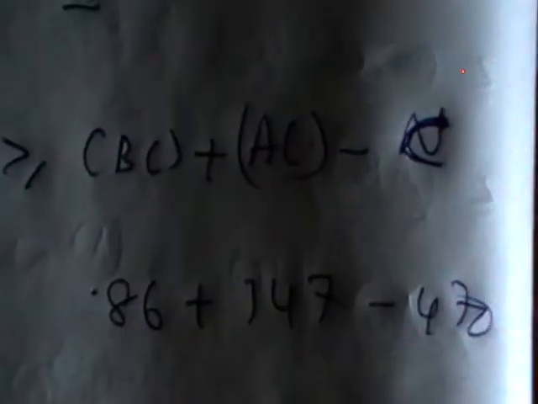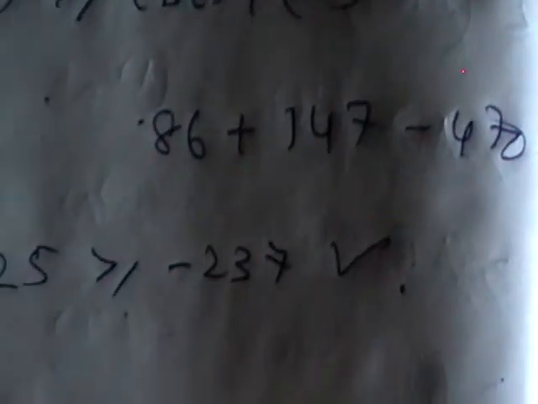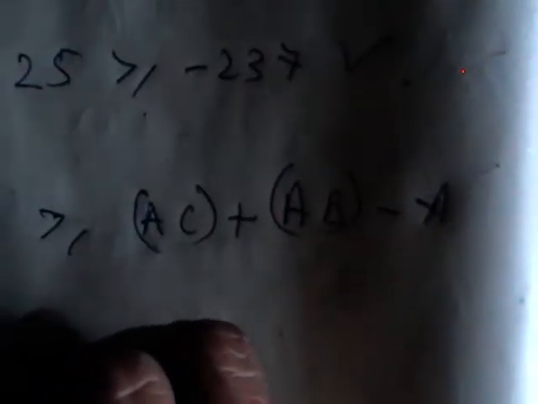What is the next one? ABC greater than or equal to AC plus AB minus A. So ABC is 25, greater than or equal to 147 plus 42 minus 525, which is minus 336.